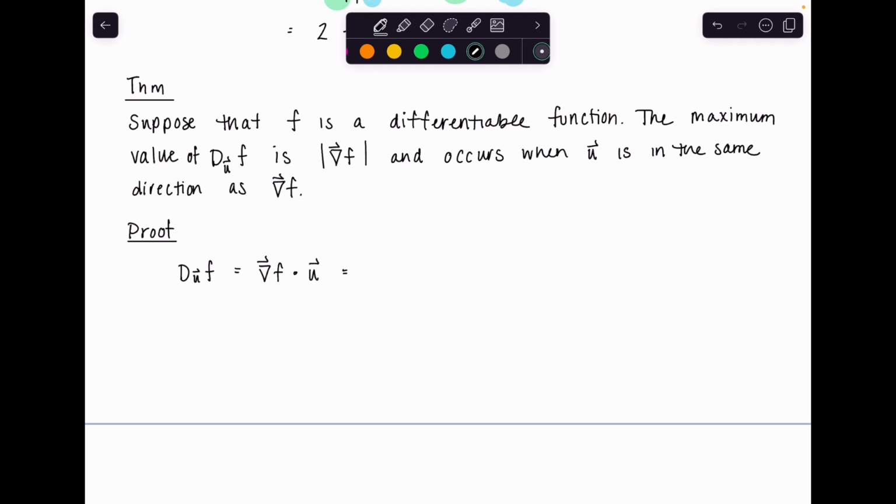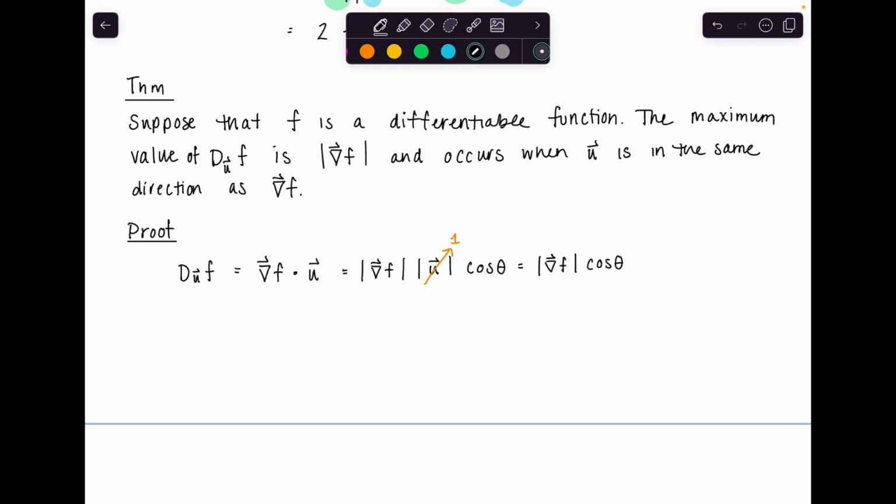So this is also equal to the magnitude of the gradient vector times the magnitude of u times cosine of the angle between them. Okay? But the magnitude of u is just 1 because u is a unit vector. So really our directional derivative is the magnitude of the gradient of f times cosine of theta.